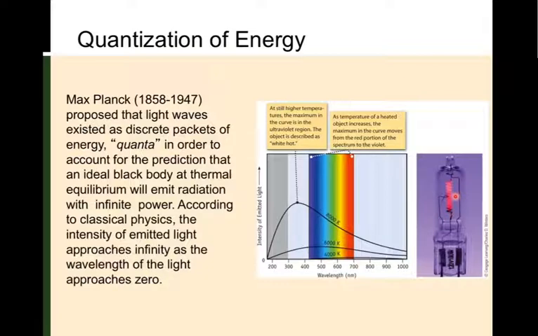This is because the light that is emitted from it, the heat energy, is in the ultraviolet region of the spectrum. So at higher temperatures, the maximum in the curve is in the ultraviolet region. The object is described as being white hot because it becomes white to us. It starts off a kind of red color and eventually becomes white whenever it gets super duper hot.